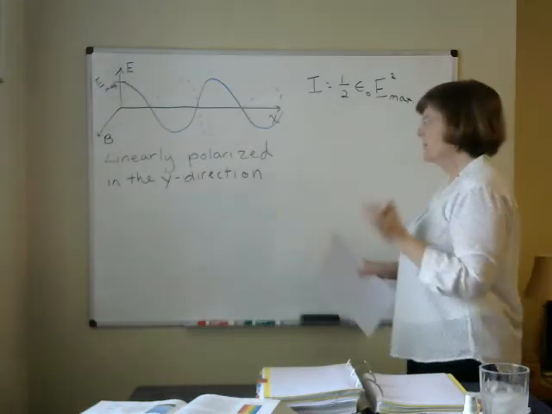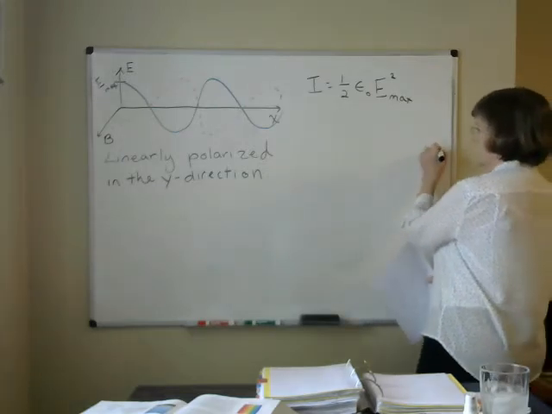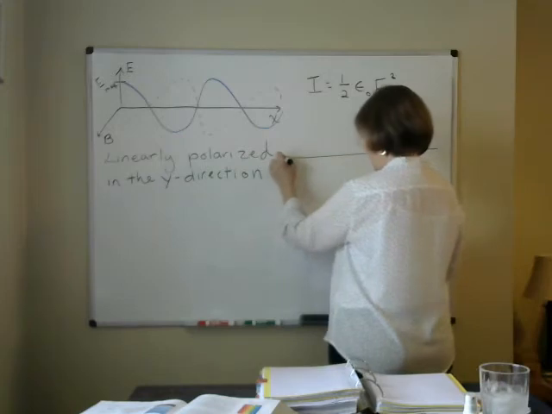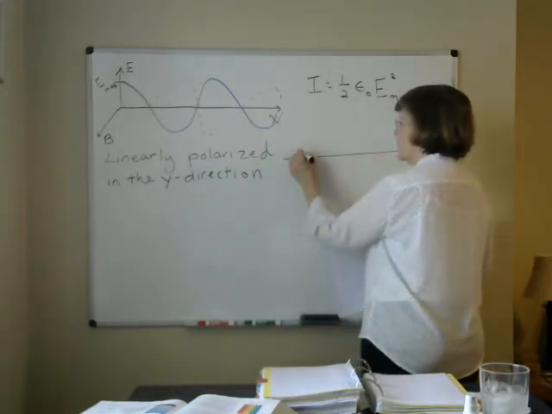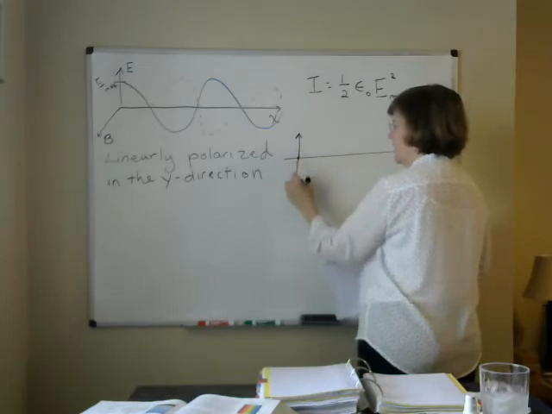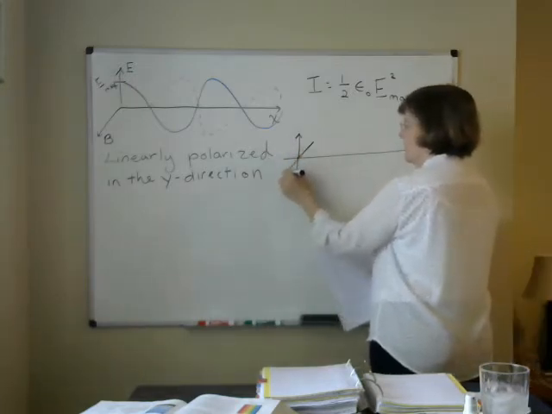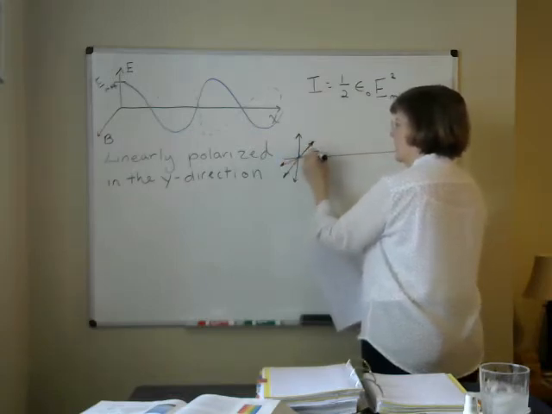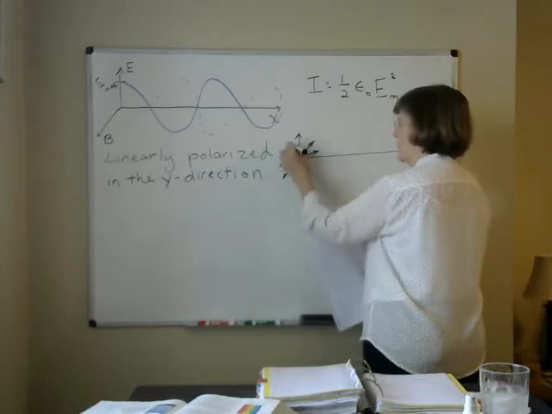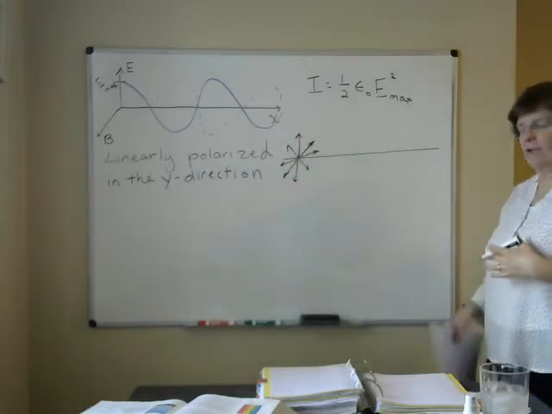Most of the time when you have a light source, it is not polarized. If I think of this being a source of light here, or an electromagnetic wave, most of the time you would have light oscillating up and down in the y direction, but also back and forth in any direction that you could picture. You can think of this really as being three-dimensional, oscillating in every direction.